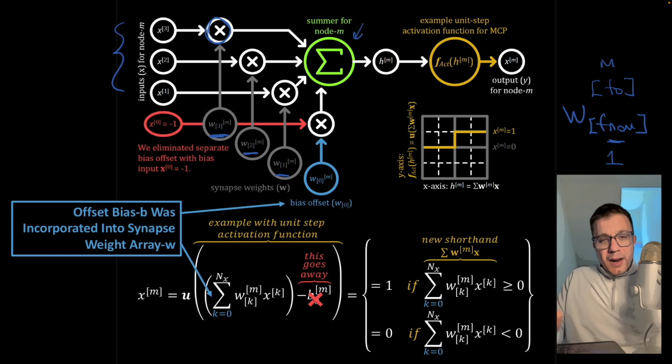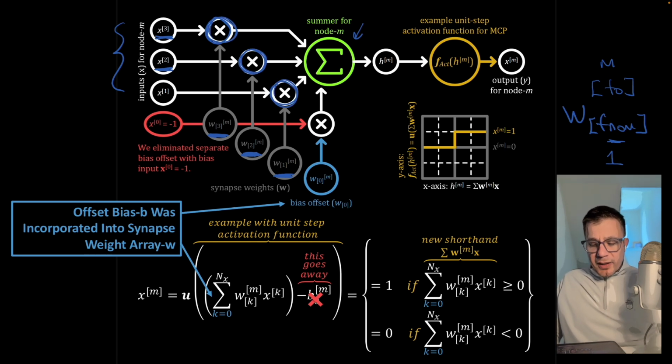Because the main node that we're working with is referred to as node M. So hence it makes sense that this is W subscript 1 superscript M, W subscript 2 superscript M, W subscript 3 superscript M. Okay, so we multiply all 3 of those inputs by their respective synapse weights. And those are all supplied to a summer that adds those all together. Now previously, we had a separate value that we called the bias offset, and we called that B sub 0.